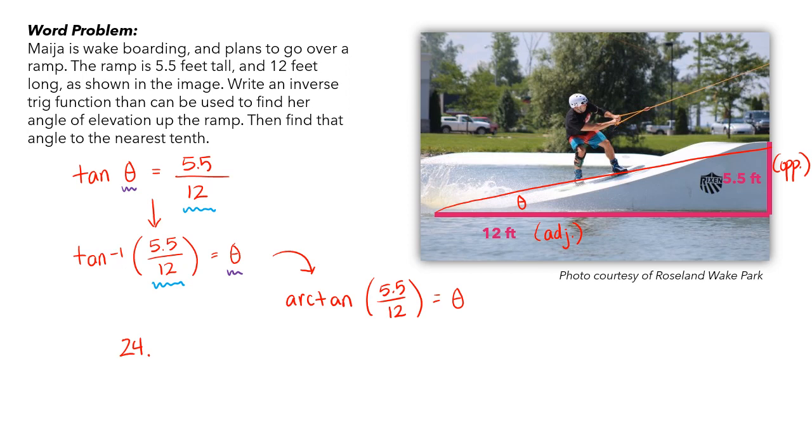I'm supposed to round to the nearest tenth, so I will round to 24.6. My unit is not feet, but degrees. So my angle of elevation is 24.6 degrees.